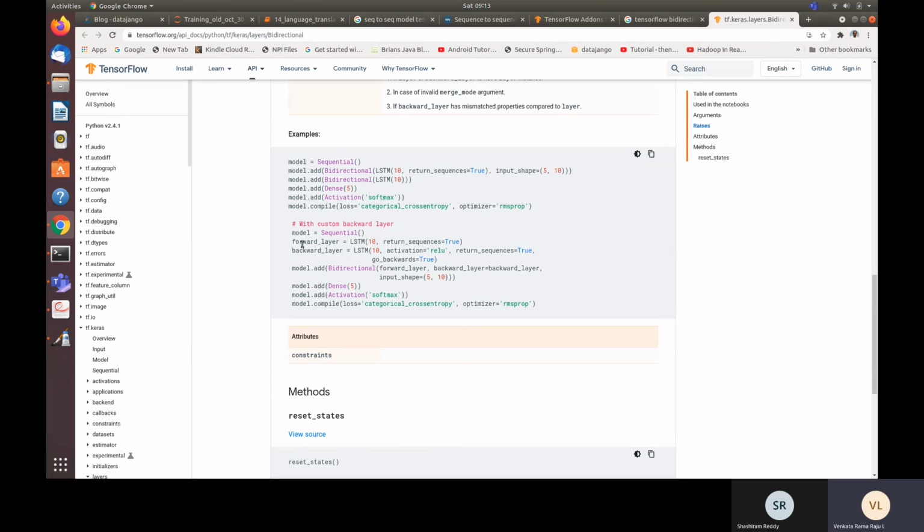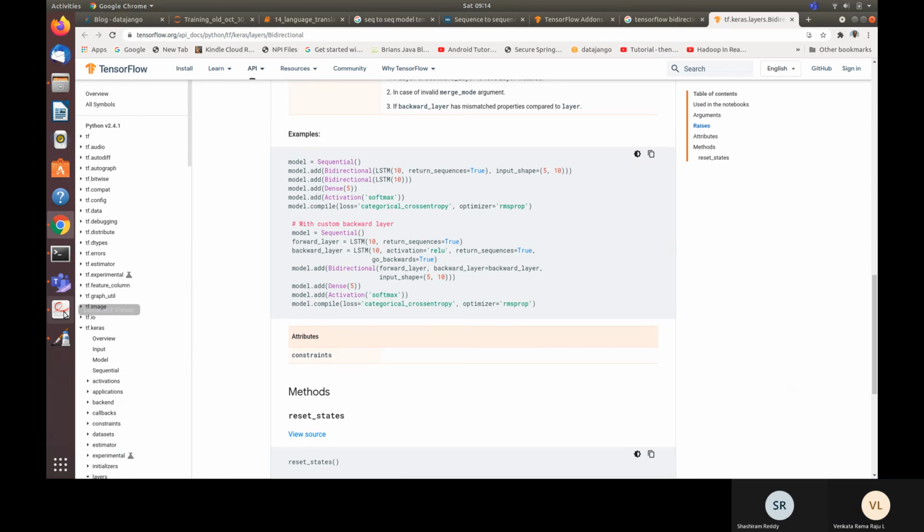We take the model and then take forward, take backward, with go backward true, and then bidirectional forward and backward, then dense activation. This is another way of doing it. So this became very simple. When I tried to write this 3 years back, I had to write around 100 lines of code.